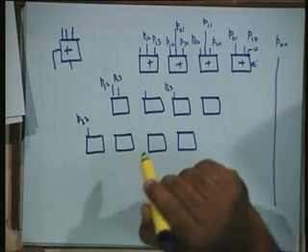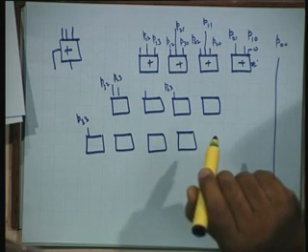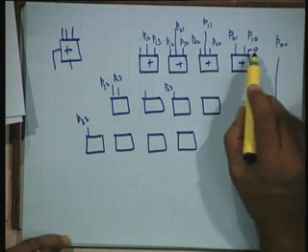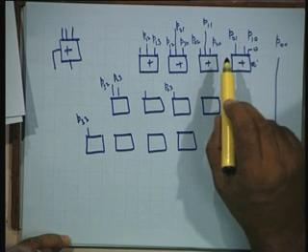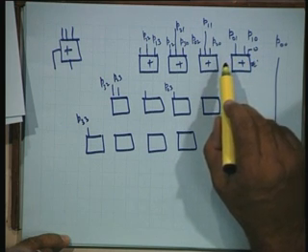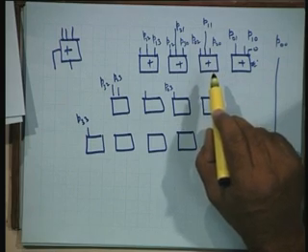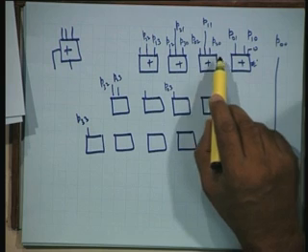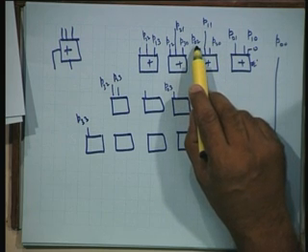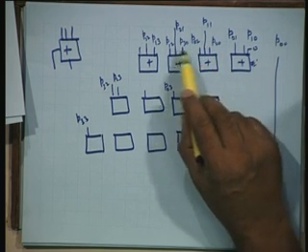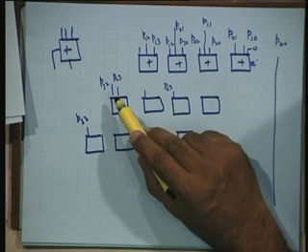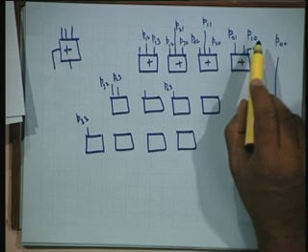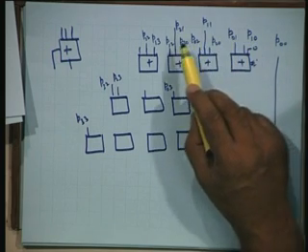There is something missing. Can you figure out? 0 3, 1 3, 2 3, 3 3, 0 2, 1 2, 2 2 and 3 2, 0 1, 1 1, 2 1.